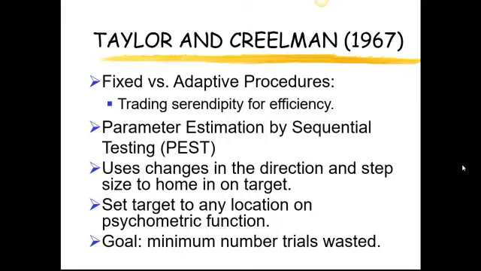And you set the target to any location on the psychometric function. So do you want to be at the 50% point? Do you want to be at the 70.7% correct point? Wherever it is you want to be. And the goal basically is to have a minimum number of trials wasted, because you want to be efficient and use as few trials as you can, both so that your participant doesn't get tired and also just for your testing time in general.